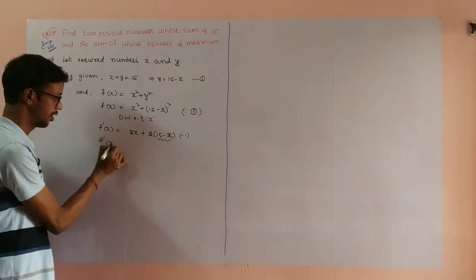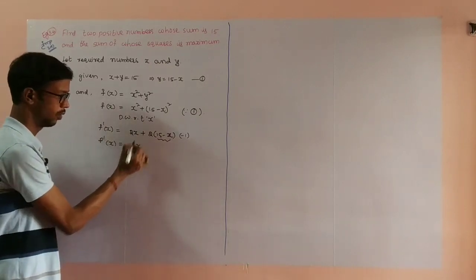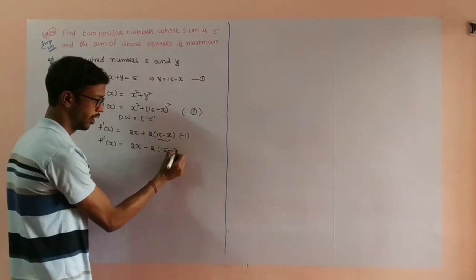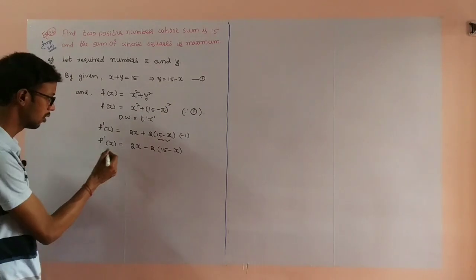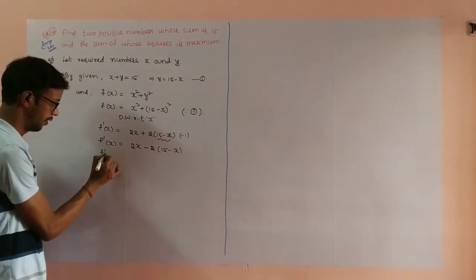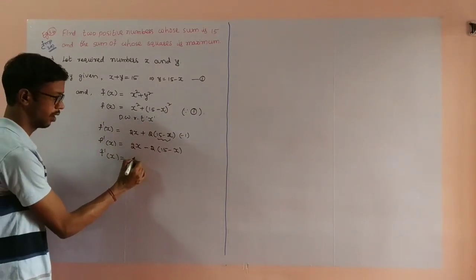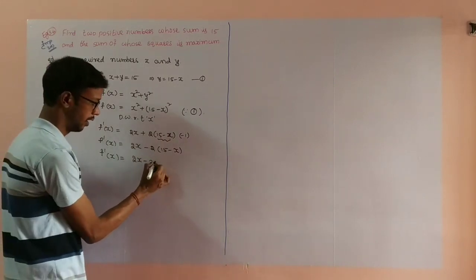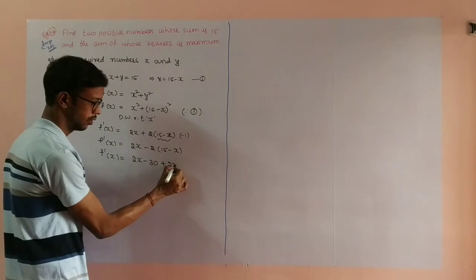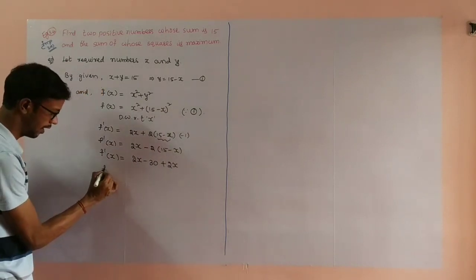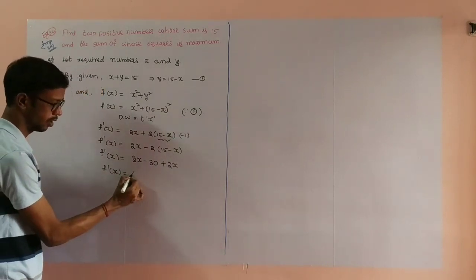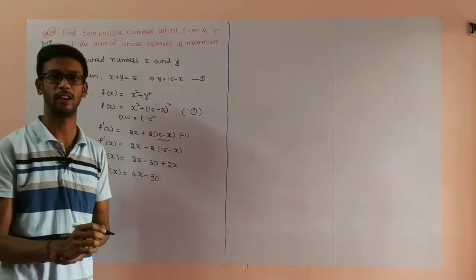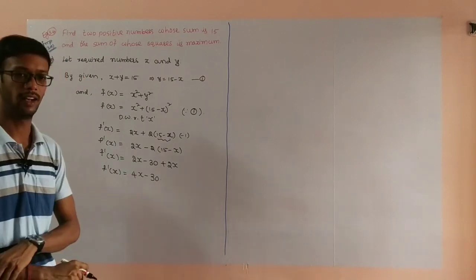Therefore, f dash of x is equal to 2x minus 2 into 15 minus x. Now simplify this: f dash of x is equal to 2x minus 30 plus 2x, so f dash of x is equal to 4x minus 30.